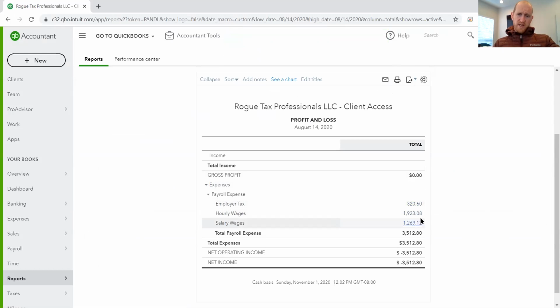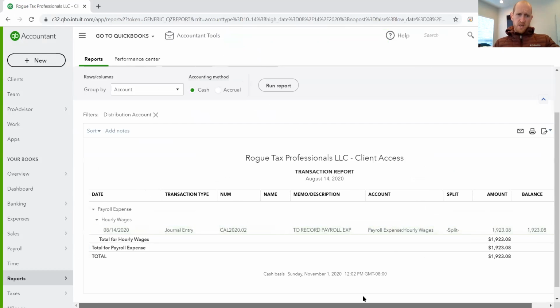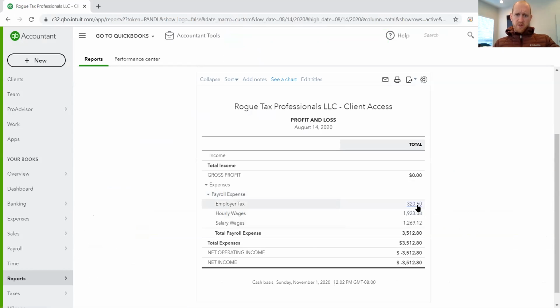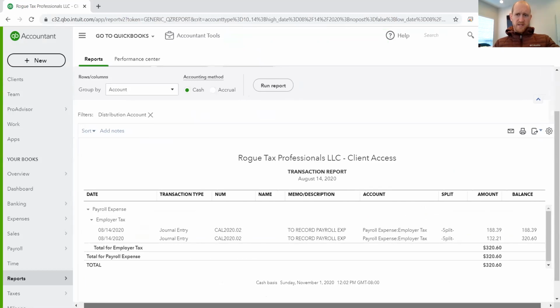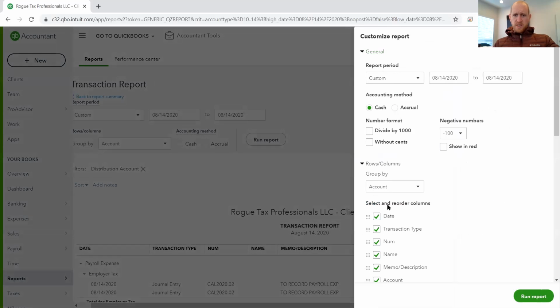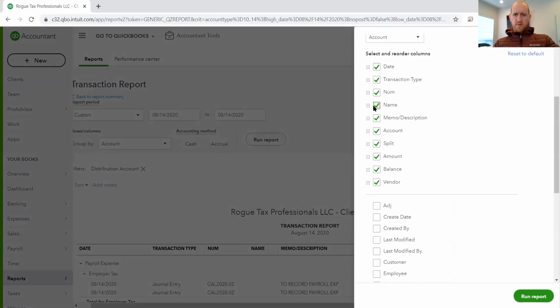And then if you want to see, okay, what's my hourly, or actually, you know what, there's not enough people in there. So I'm going to go to employer taxes. I want to know how much each of these employees are costing me from this perspective. You can then change the columns. I'm going to add vendor. Unfortunately, even though it says name, it won't come up, but it will come up if you say vendor.